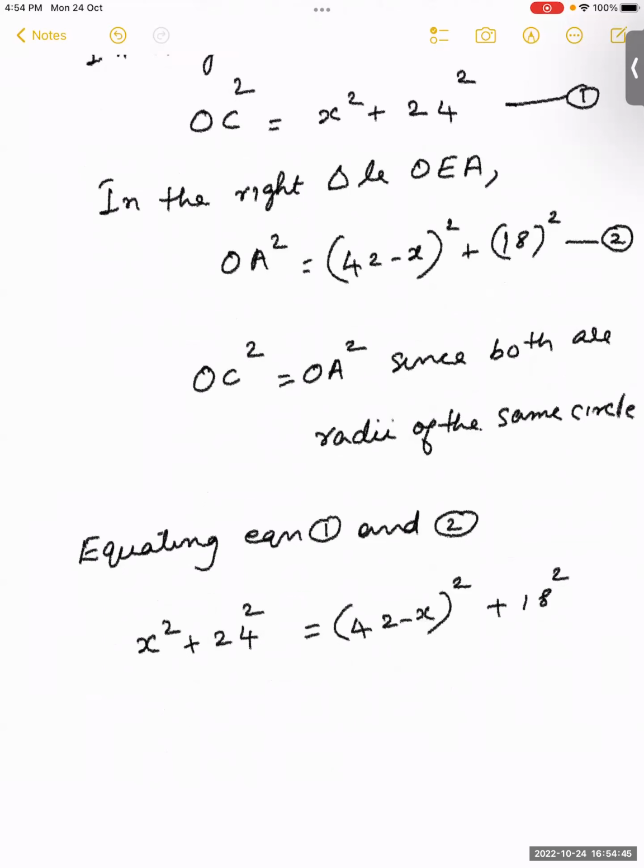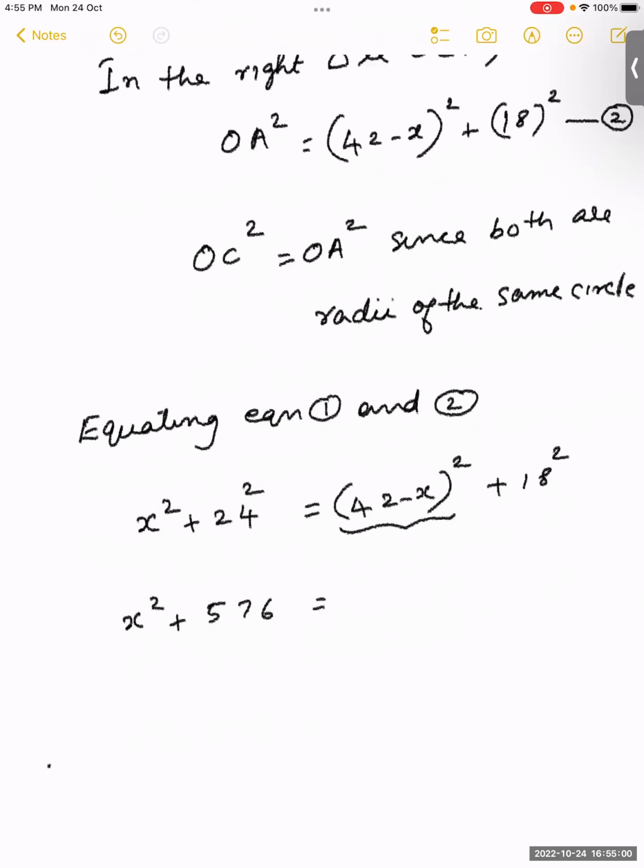So x square plus 24 square will be 576 equal to, I have to calculate 42 square. By the way, what is the formula I have to use? This is a minus b the whole square, which is a square minus 2ab plus b square. This is going to become a quadratic equation.